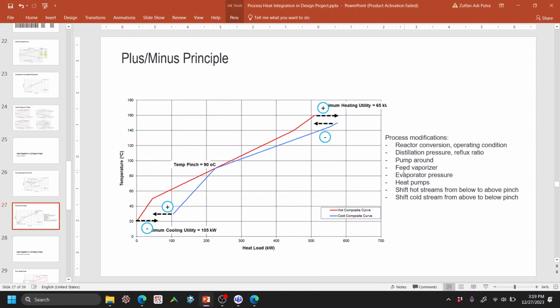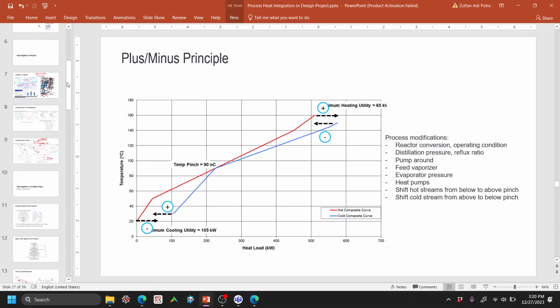And then we have the feed vaporizer, for example this feed vaporizer as well. It works with the heat exchanger network.